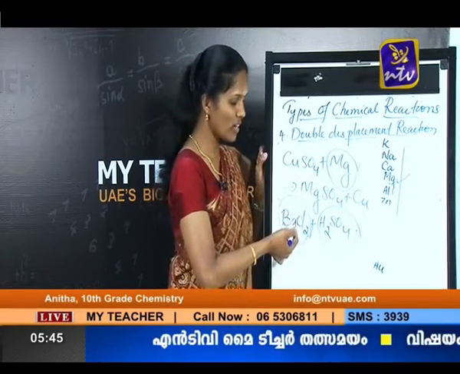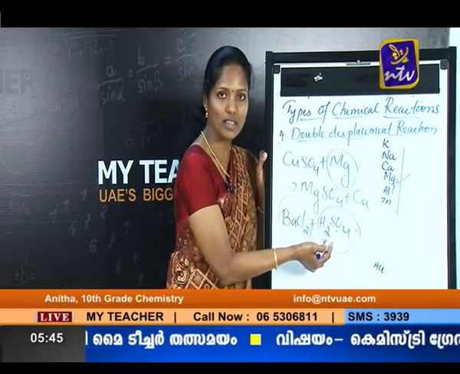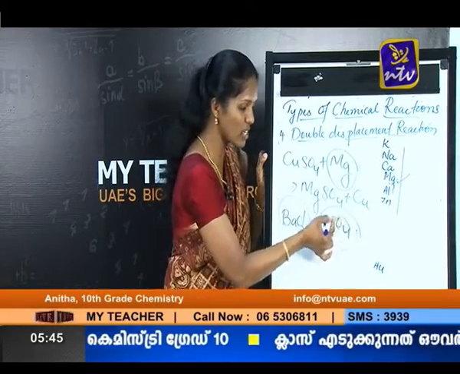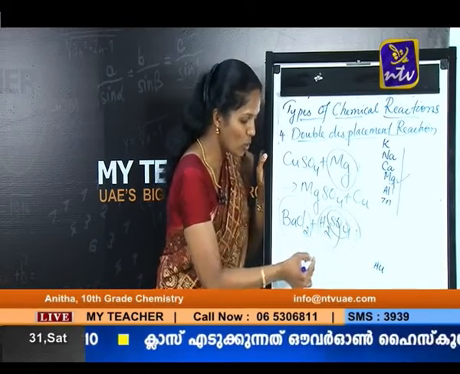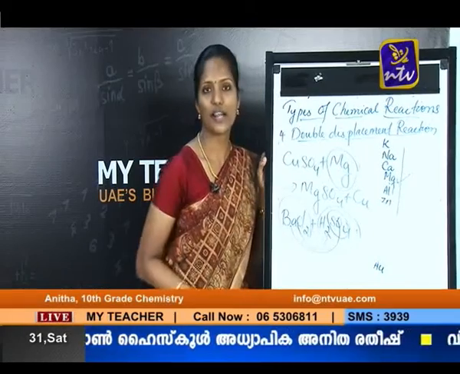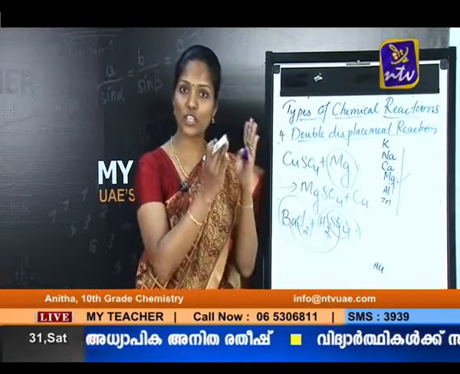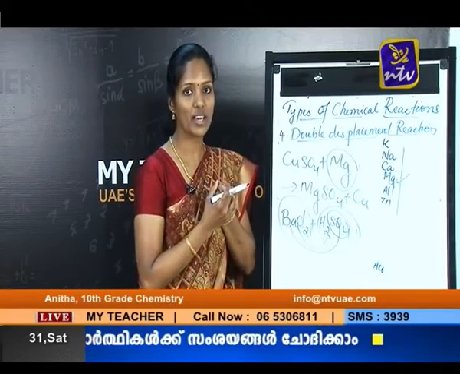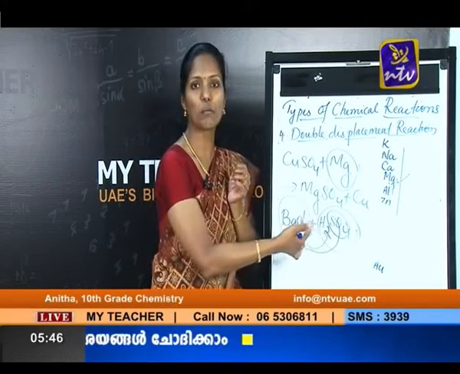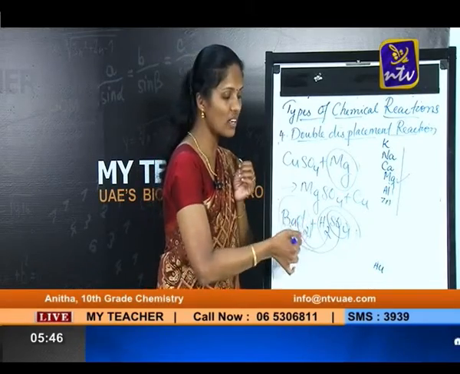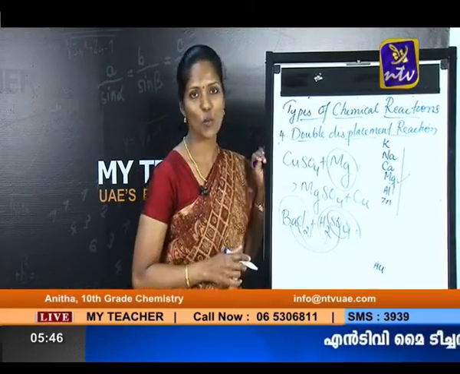So, whenever there are two compounds in the given reaction, we can identify that there will be exchange. The sulfate part will go to barium and the Cl part will go to hydrogen. There will be exchange on both sides, and from that we can understand that the reaction is a double displacement. In double displacement both reactants will be compounds.